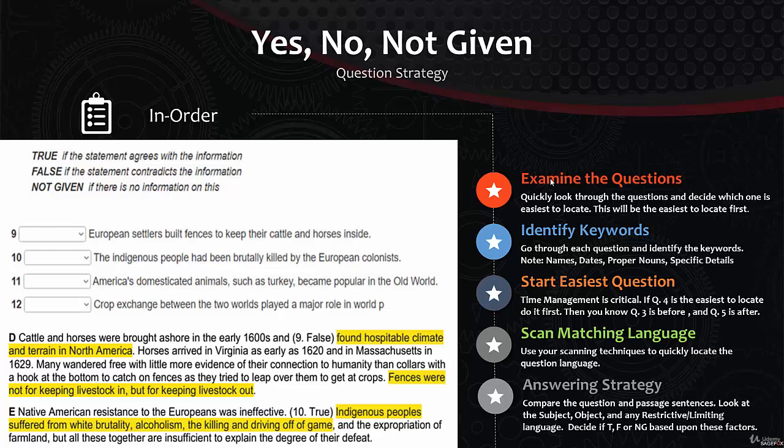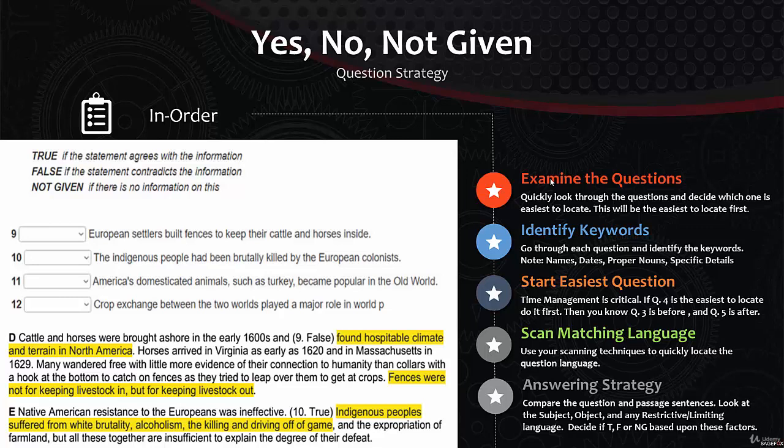So this is an example of false, because something has been changed. In number 9, it says the European settlers built fences to keep them inside. However, the sentence I just read says they brought the cattle and horses ashore where they found hospitable climate and terrain. That means they were allowed to go free. They were not kept inside, right? That is the opposite. That is change. That is different. That's false.